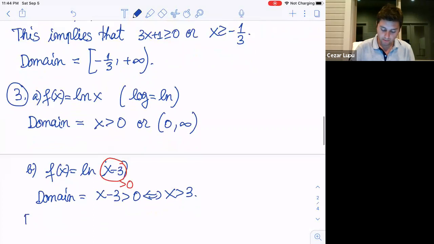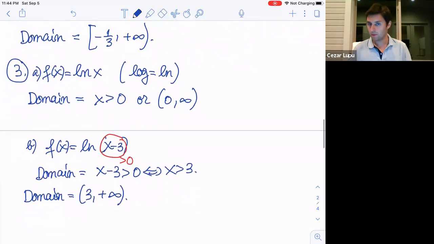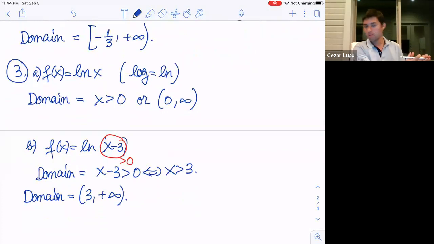So the domain is just the open interval (3, positive infinity). Anything below 3 is not going to work. For example, if you plug in x equals 2, you will get ln of negative 1, so that's not going to work for real numbers.